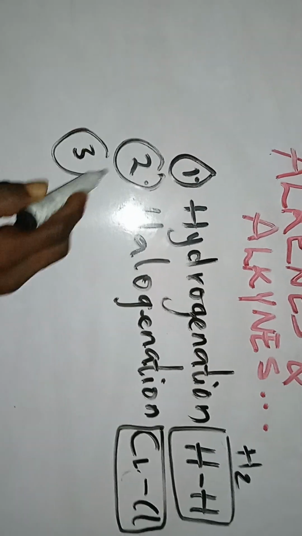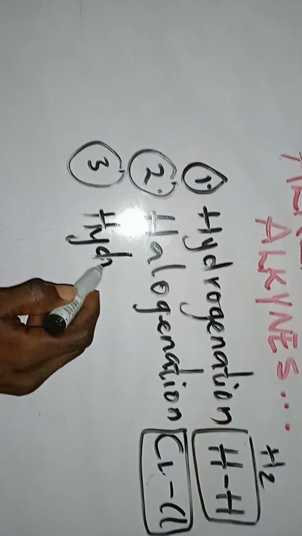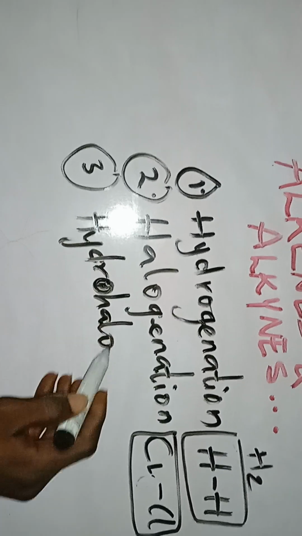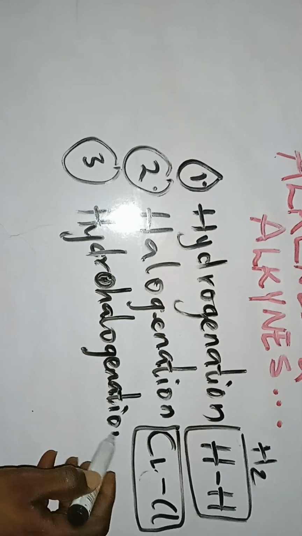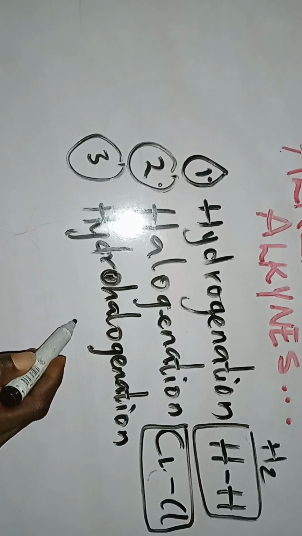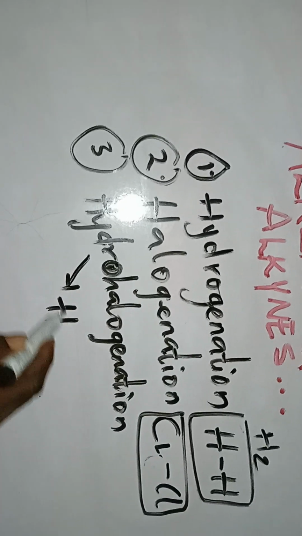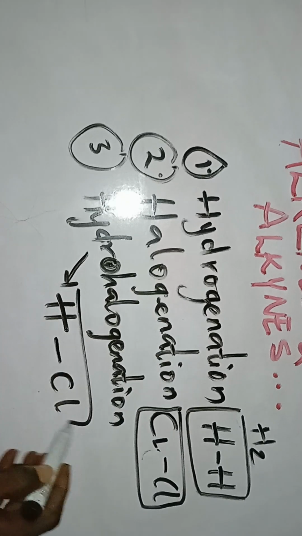Then number 3 is hydrohalogenation, and just as the name implies, it means adding hydrogen and halogens. So adding of this.